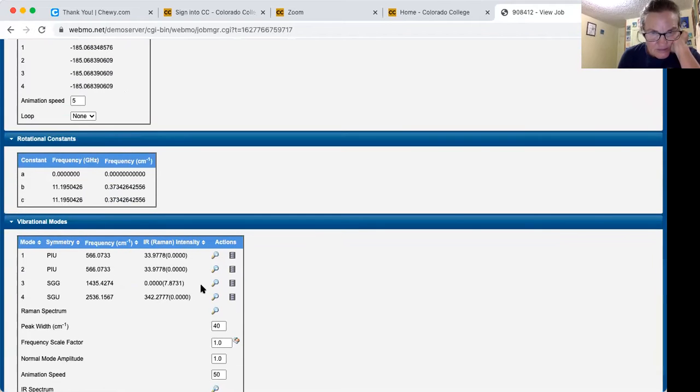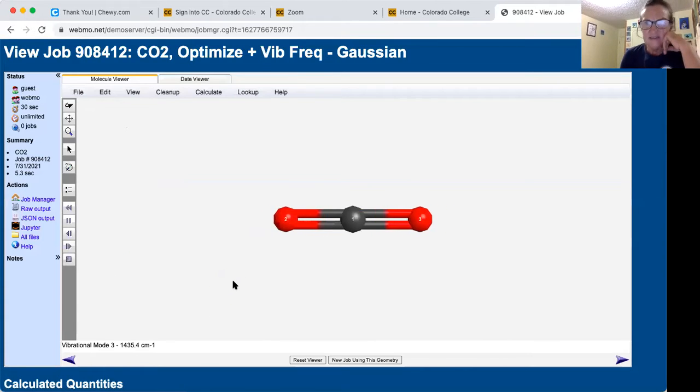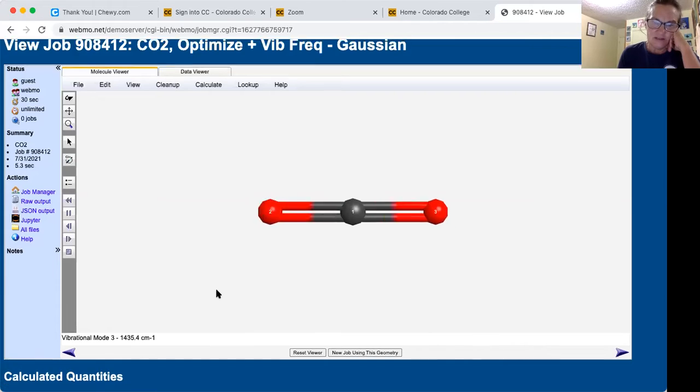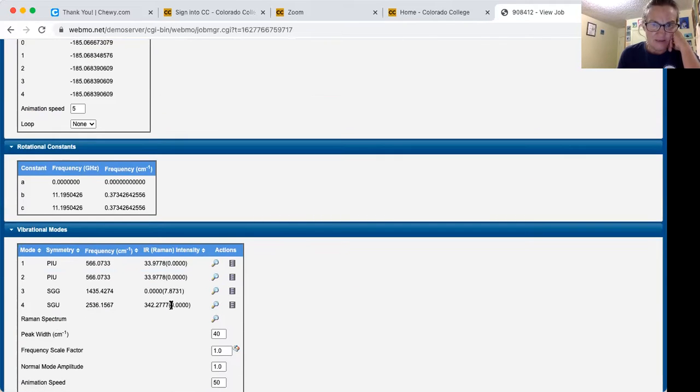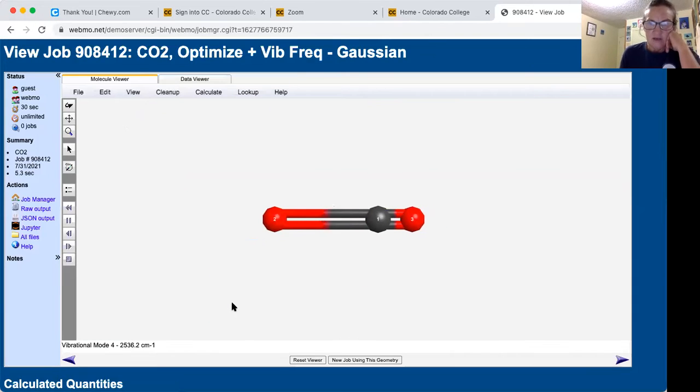The other one, this one, looks like it's probably IR inactive. Yeah, and this is the symmetric stretch. So if both oxygens are going out and coming back in, you're not changing the dipole moment. So that's not going to be IR active. But this last one, called the asymmetric stretch, where one oxygen is moving out while the other is moving in, that will be IR active.